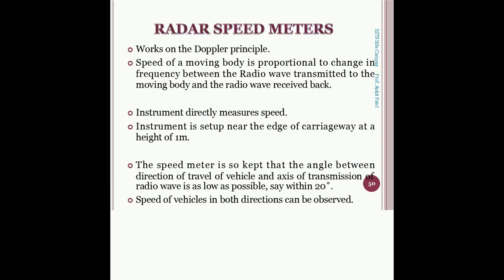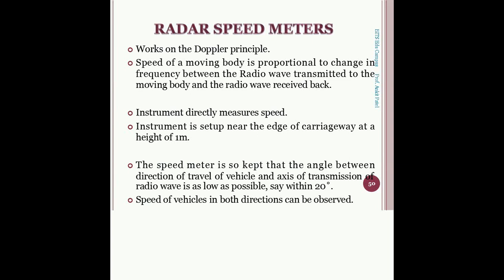The radar speed meter works on the Doppler principle in the automatic recorder speed method. The speed of a moving body is proportional to the change in frequency between the radio wave transmitted to the moving body and the radio wave received back. The instrument directly measures speed.